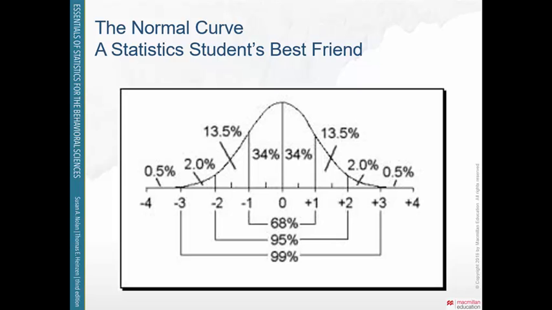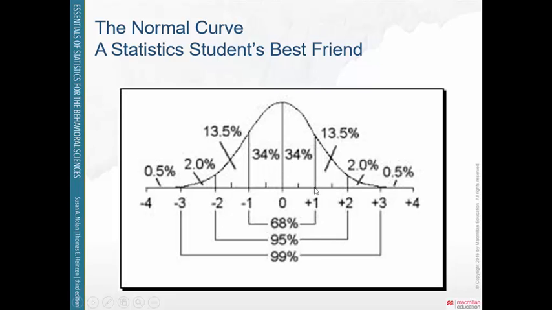The answer is 84% of the cases are below you. So remember, you scored here at 1 standard deviation. We know 50% of the cases fall below the mean, so this whole part here is 50%, plus 34% right here to get to your 1 standard deviation. So 50 plus 34 gives you 84%.